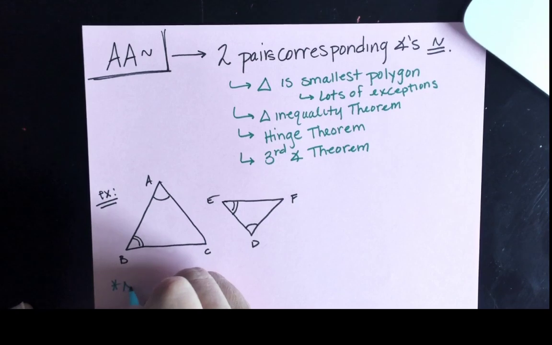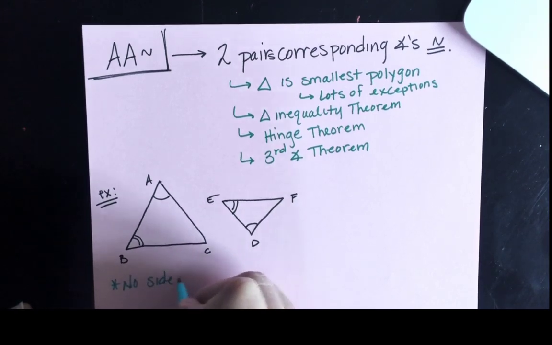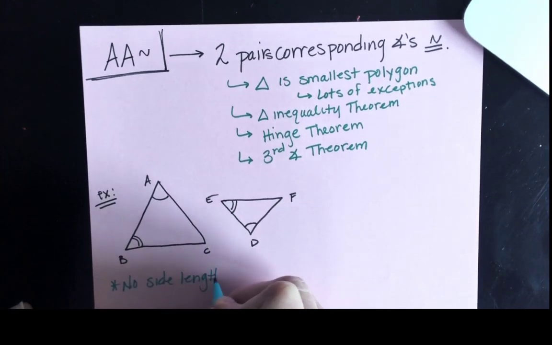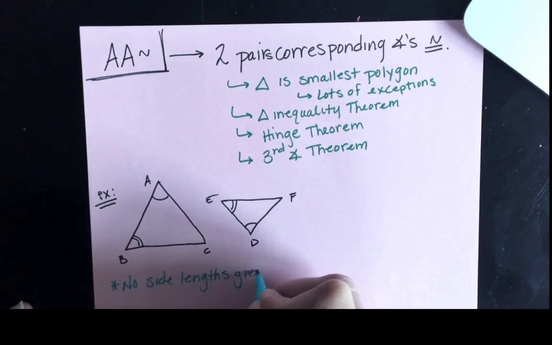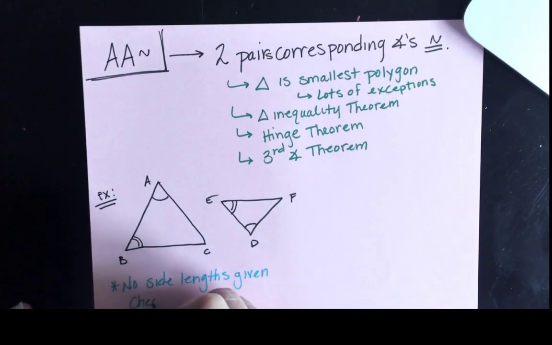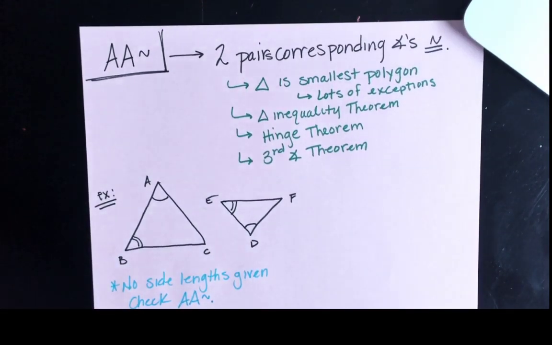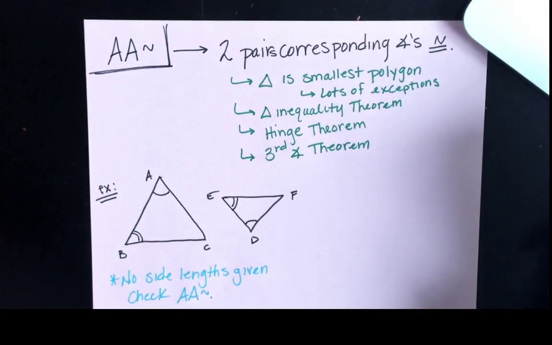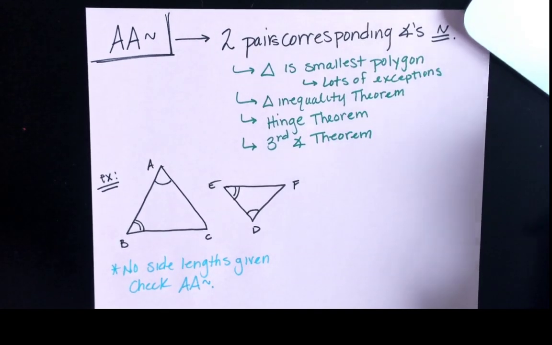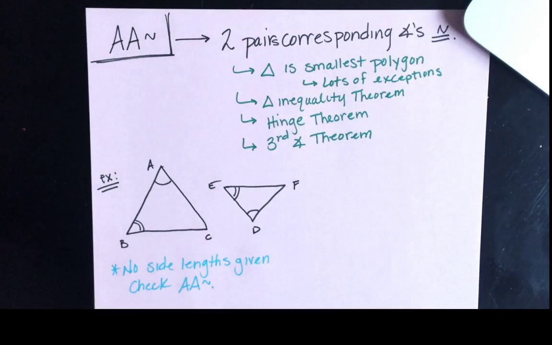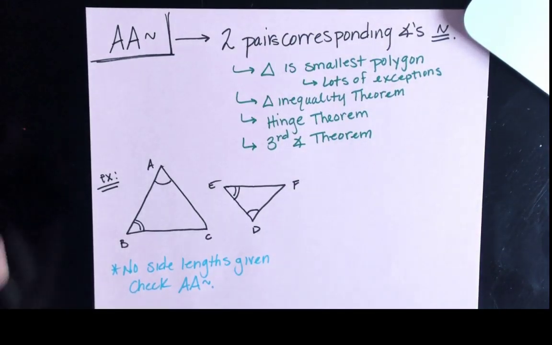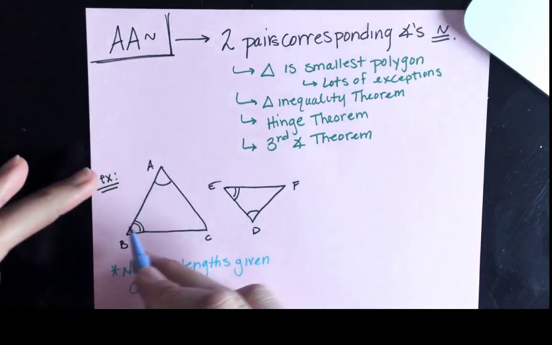So no side lengths given. Check angle-angle. That's going to be the dead giveaway that you are probably going to end up using angle-angle similarity.